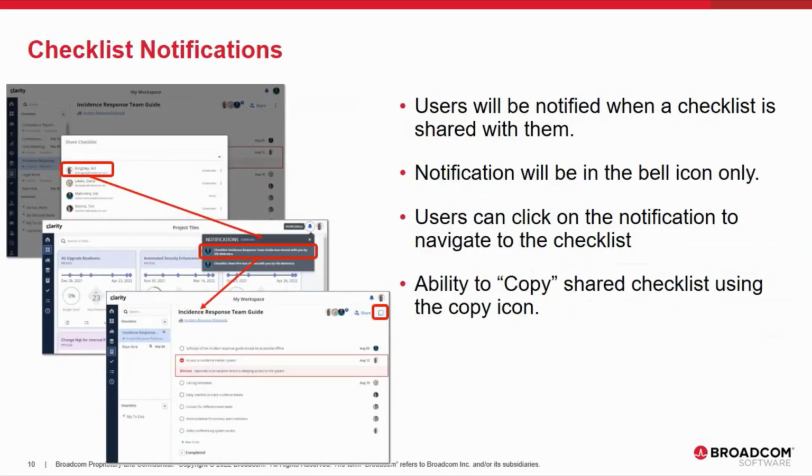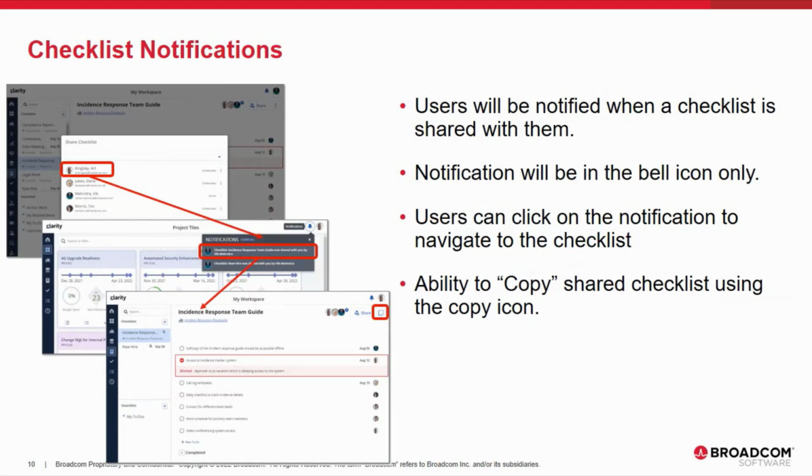In the previous release, when to-dos were shared, there was no notification sent to the end user or the person that it was being shared with. That has now been addressed, and starting 16.0.3, as a checklist is shared with a specific user, that user will get a notification in the bell icon only.